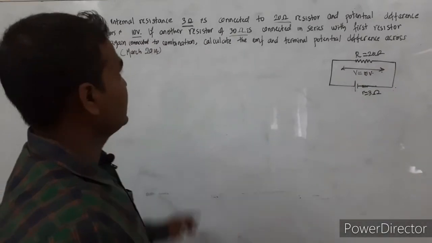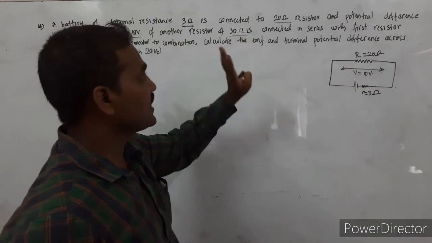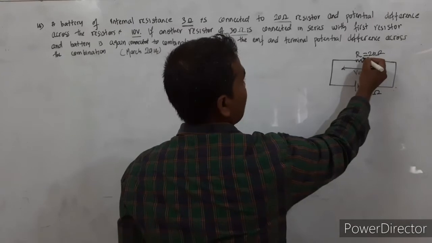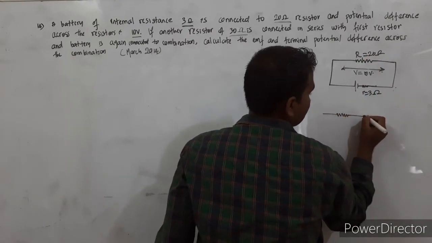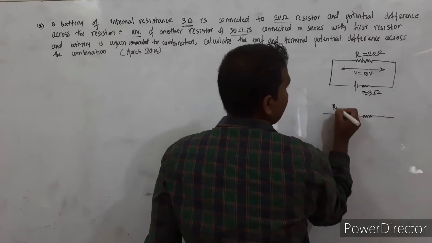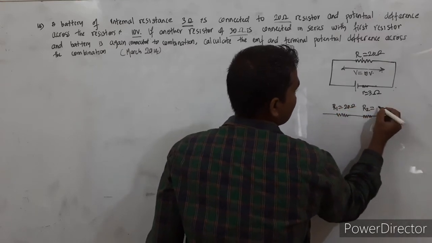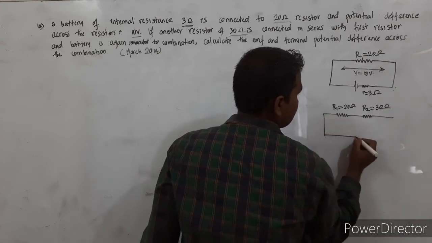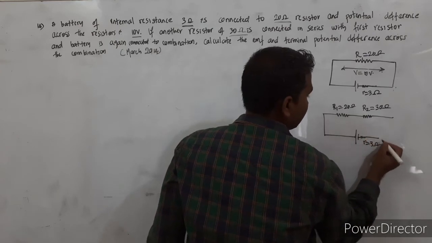Okay, then next, if another resistor of 30 ohm is connected in series with the first resistor, let us consider this is R1. Second case, we have another resistor connected in series with this R1. R1 is equal to 20 ohm. R2 they have given is equal to 30 ohm. Now this combination is connected to the same cell of internal resistance of 3 ohm.